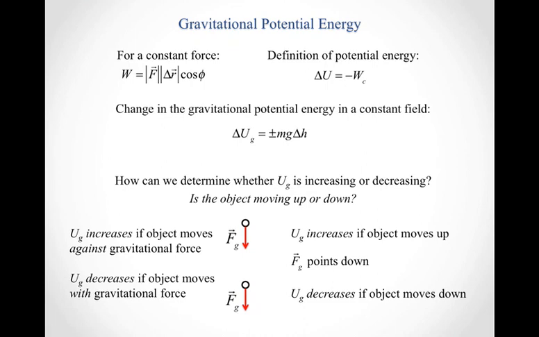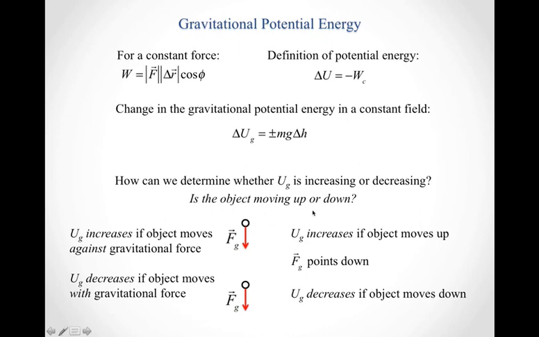So if we want to think about the gravitational potential energy and how it changes as some mass moves in the gravitational field created by point masses, then whether or not the object's moving up or down is probably not going to be a good enough question. But the way that we're talking over here on the left gives us a pretty good idea about how we need to adjust and come up with a better question.